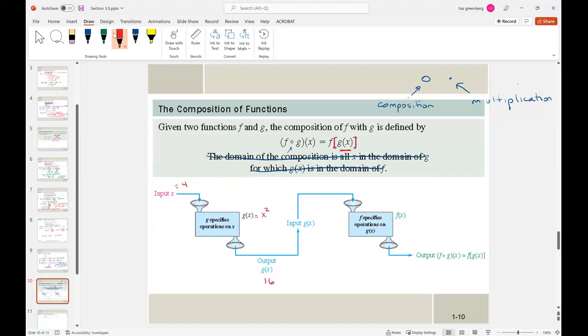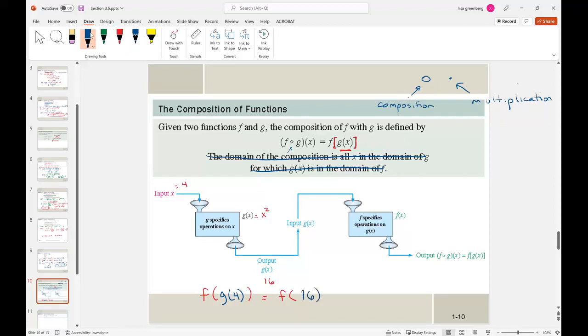So now we've evaluated, let's do it like this. We have f of g of 4. And then I'm going to say that equals f of, well, g of 4 is equal to 16, right?